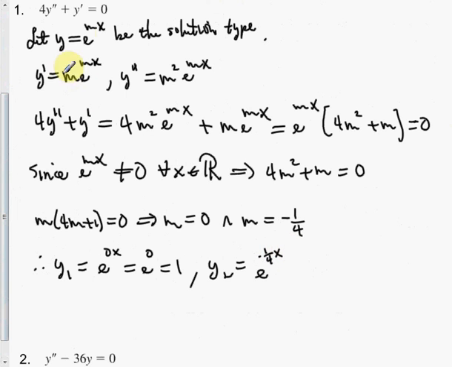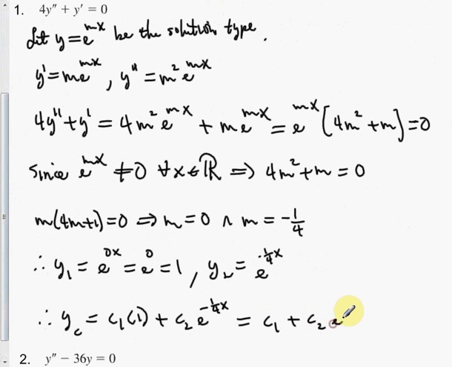Remember, the type is y equals e to the mx. I'm just solving for m to get my solution, right? That means that based on the superposition principle, the general solution is c sub 1 times 1 plus c sub 2 times e to the negative 1/4 x. That is c sub 1 plus c sub 2 times e to the negative 1/4 x.